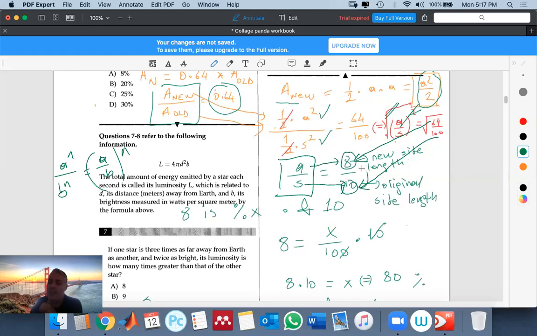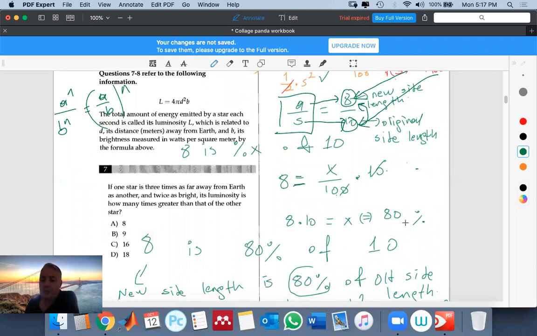So from 10 to 8, how many percent should I decrease? 20%. Why? 20% of 10 is equal to 2, and 10 minus 2 is 8. But to do this mathematically, in practice we can say it in our mind, but mathematically, 8 is equal to x% of the original number, which is 10. When we do the cross product, we get x is equal to 80%. So 8 is 80% of 10.